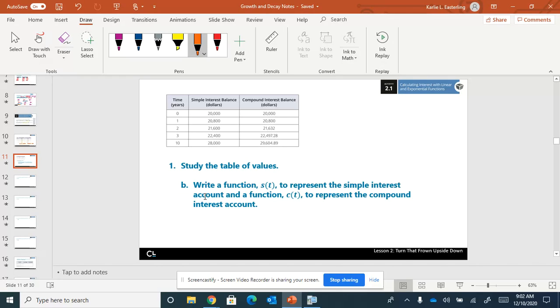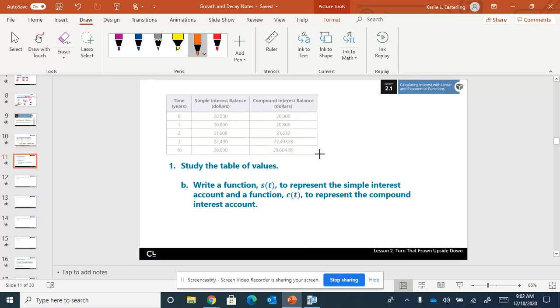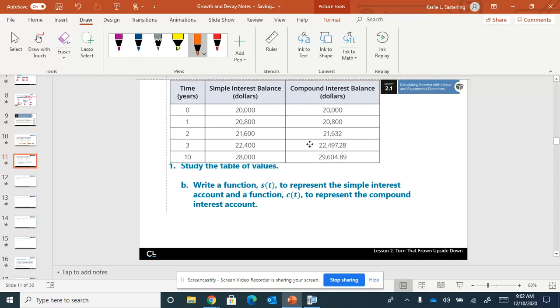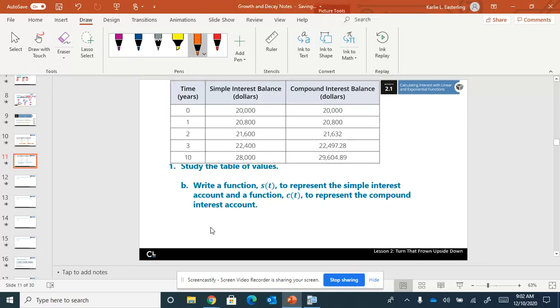So we're going to write a function s of t to represent the simple interest. I'm going to make this picture a little bit bigger so we can see it better. So we're going to write a function that represents that simple interest account. So this one does end up being a linear line.